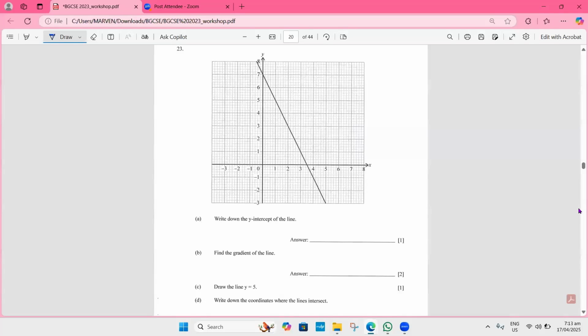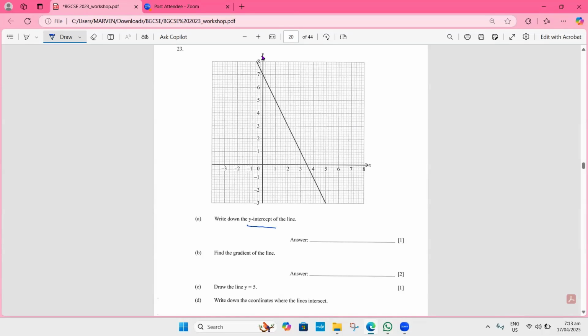So we're going to plot and graph. Letter A, write down the y-intercept of the line. So what is a y-intercept? The y-intercept is the intersection of the graph and the y-axis.